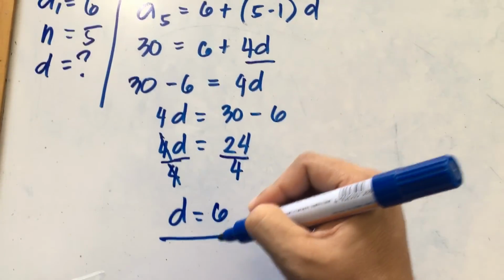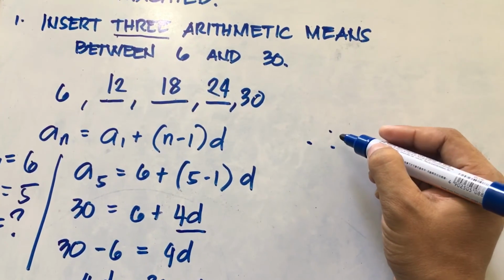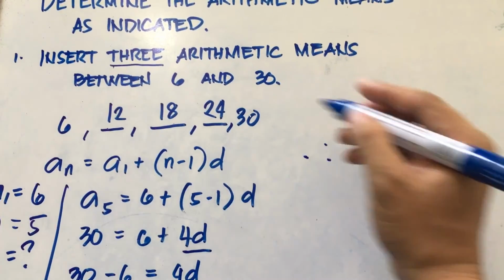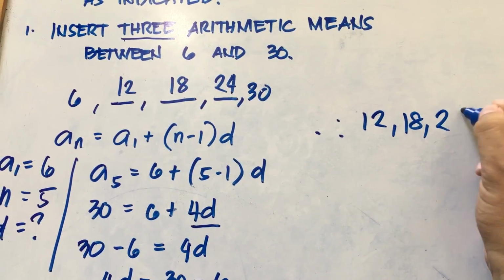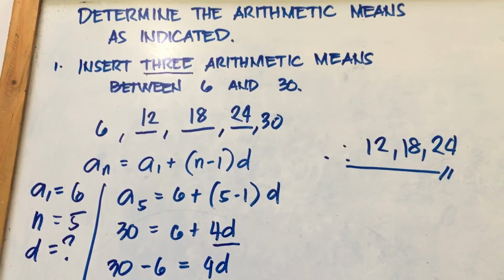And 24 plus 6, you get 30. So therefore, the three means between 6 and 30 are 12, 18, and 24. Okay? That's it. Thank you, everyone.